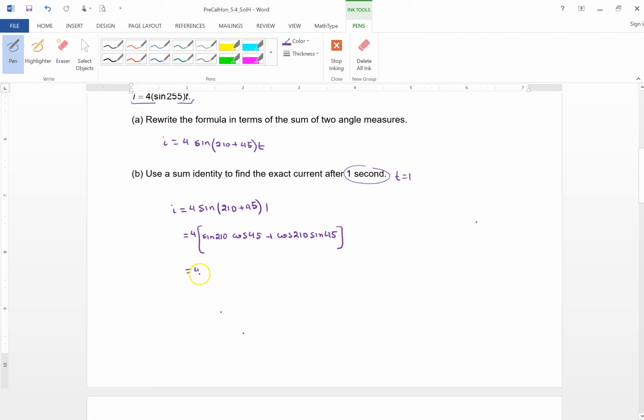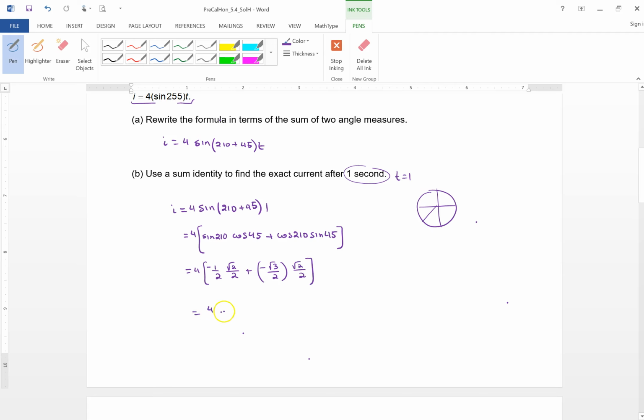This is 4 times, okay, sine of 210. 210 is like 30 degrees, and the sine will be 1 over 2, except 210 is in quadrant 3, so it's negative 1/2. Cosine of 45 is root 2 over 2, plus cosine in that quadrant is also negative. Sine of 45 is root 2 over 2.